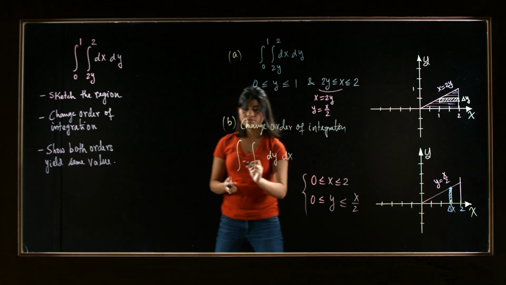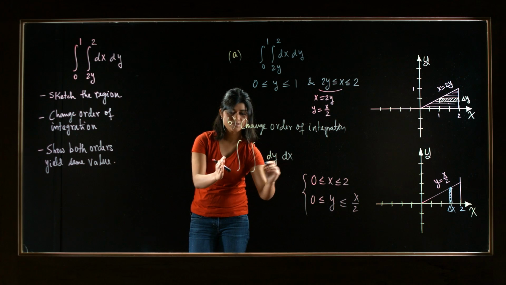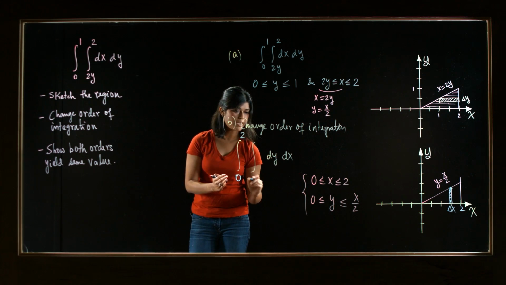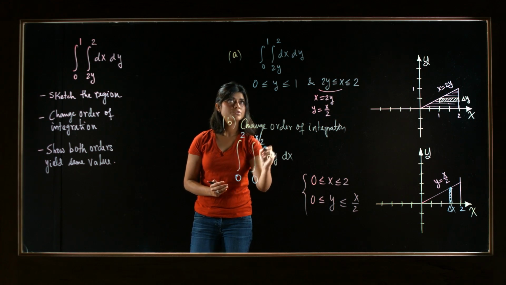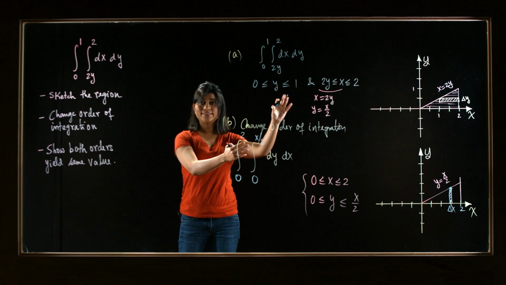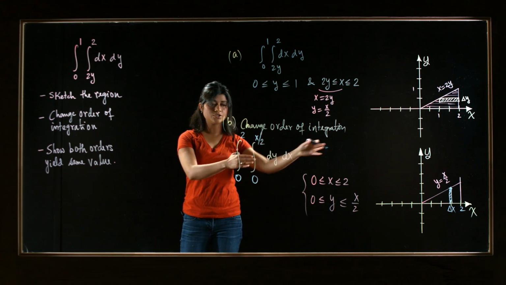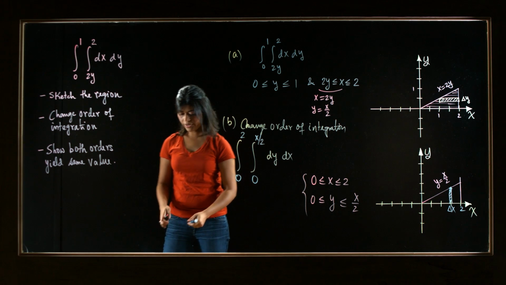Therefore, the integral will have x outside, 0 to 2, and inside is y, which is 0 to x over 2. So when you change the order to get the area of the same region, this is the setup of the double integral.